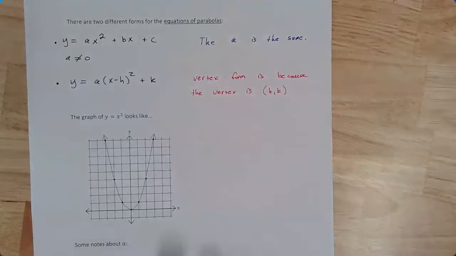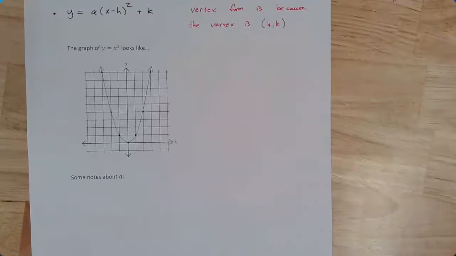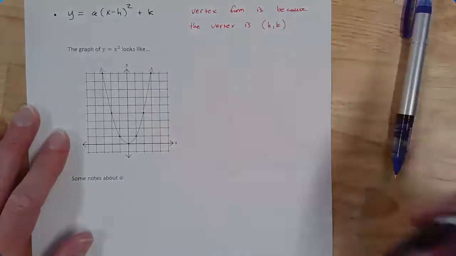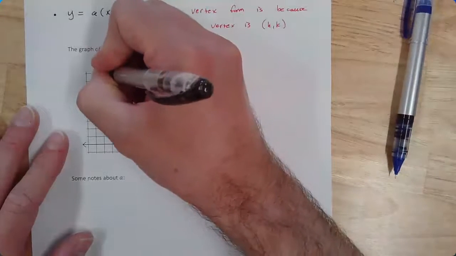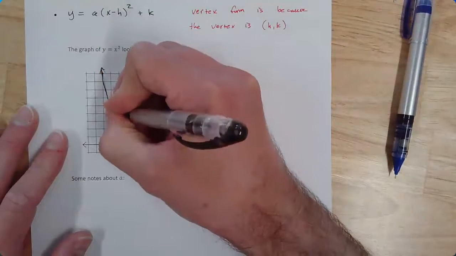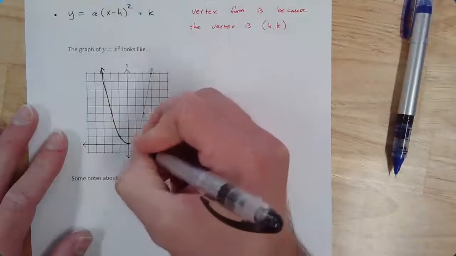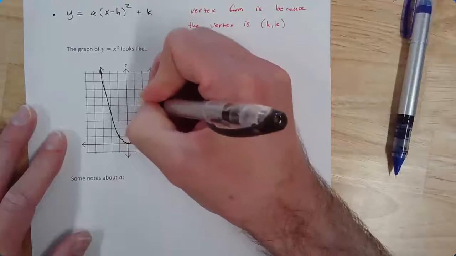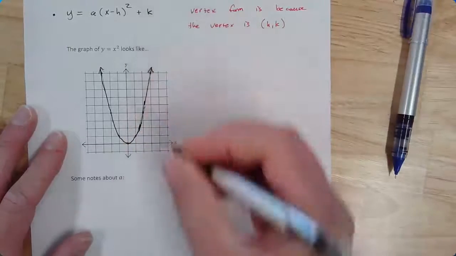Everyone's favorite parabola, y equals x squared, is my favorite parabola. It looks like this. I kind of want to draw it in to see better. It rounds out at the bottom. My parabola drawing skills are okay.